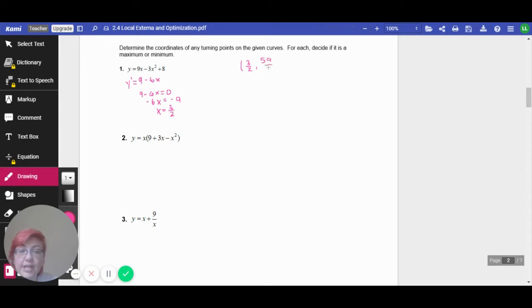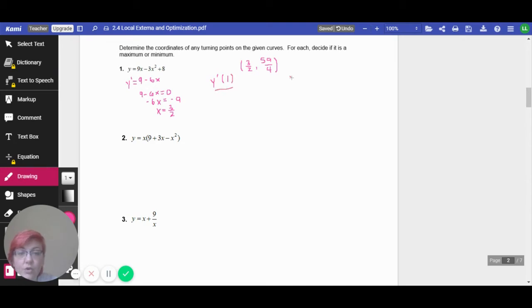All right, so let's check and see. Is this a maximum or a minimum? I'm going to choose an x value to evaluate in y prime of 1, because that is less than 3/2.